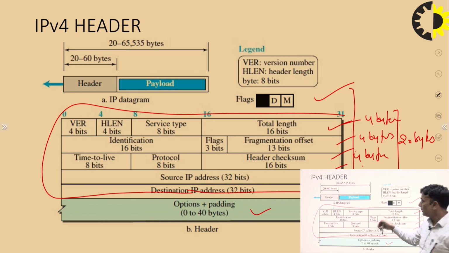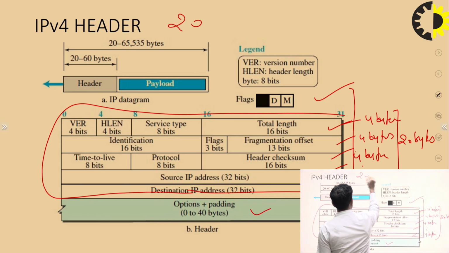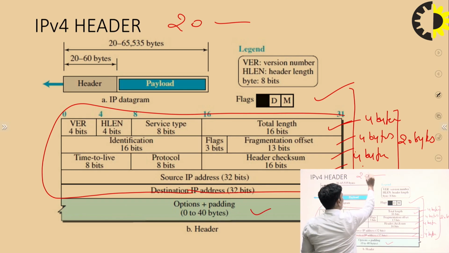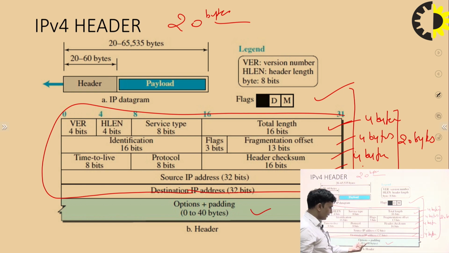So what is the range? The range starts at 20, because 20 is compulsory. These 5 rows should always be there. In the maximum case, the option of 40 bytes is also there.